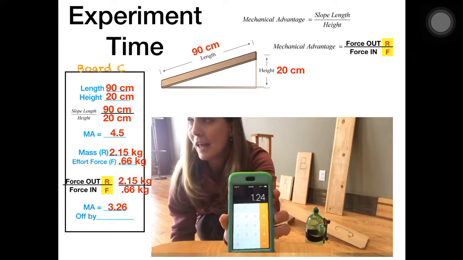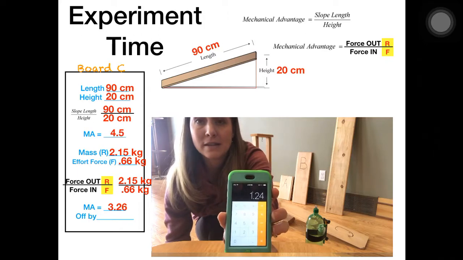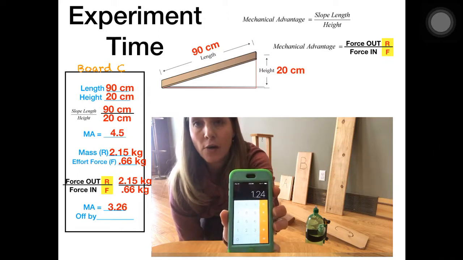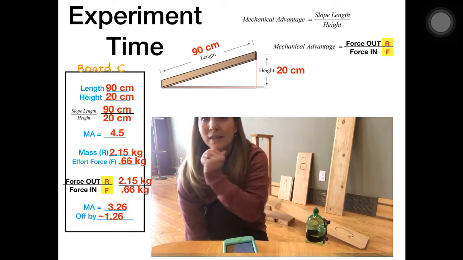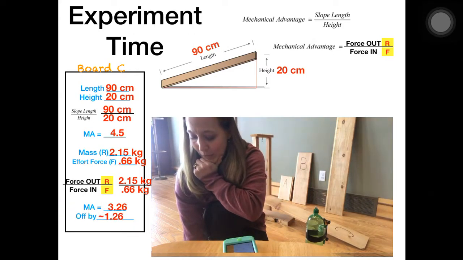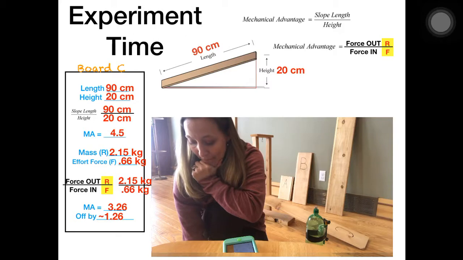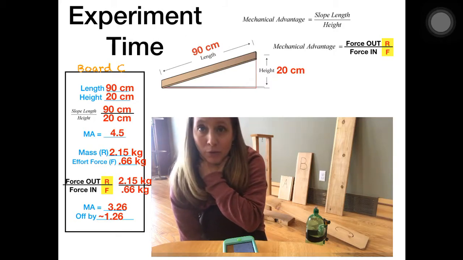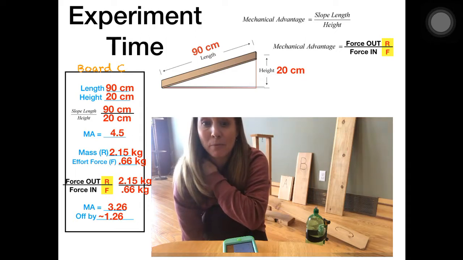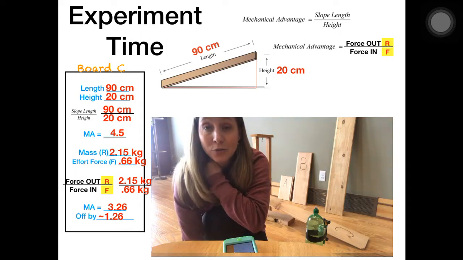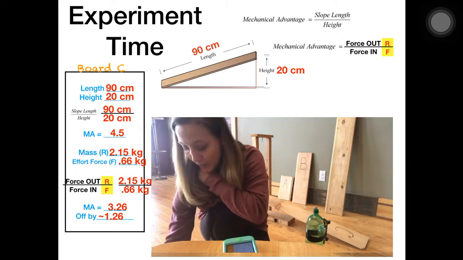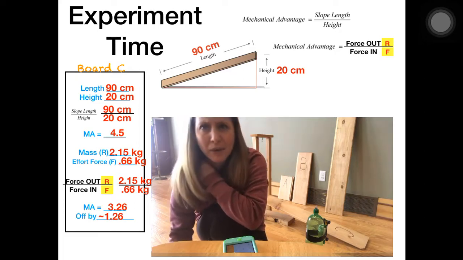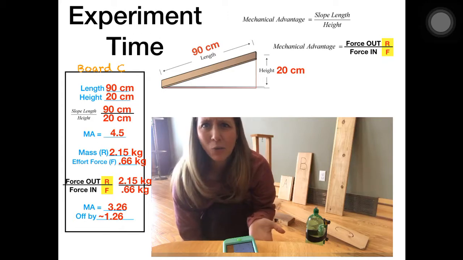So in the space that says off by, we are off by 1.24. Okay, so we were off by 0.2 the first time, then we were off by 0.35, now we're off by 1.24. So we are really not doing better here. I feel like we're doing worse.